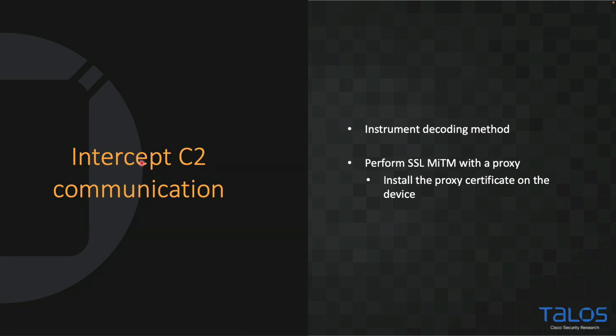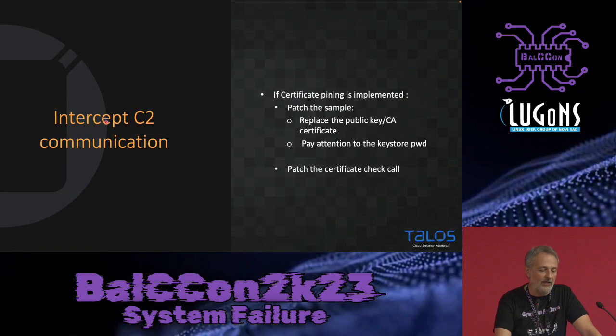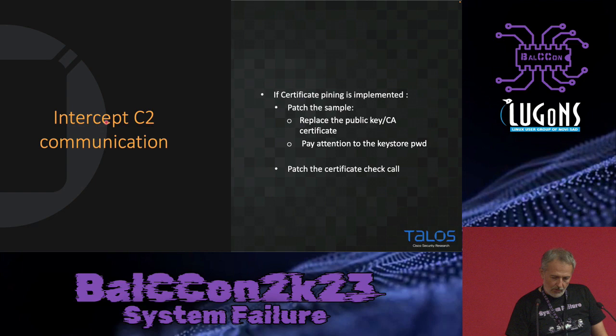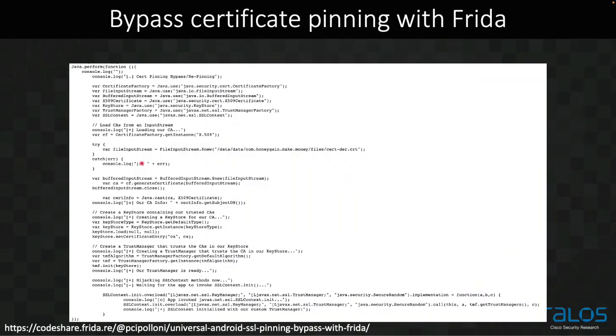Or we do SSL man-in-the-middle, and in that case we often need to make sure that certificate pinning is not implemented in the application, and if it is, probably the best way to do it is to go to Frida CodeShare, where there are several scripts that basically allow you to bypass certificate pinning in Android applications.